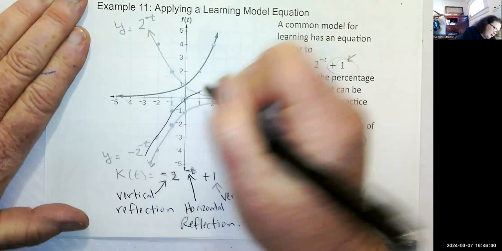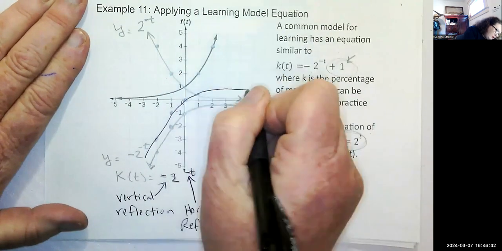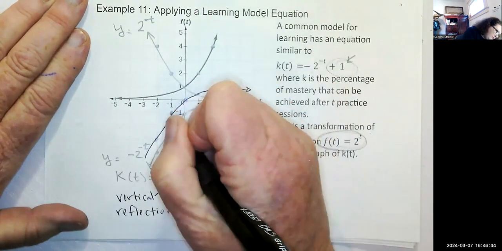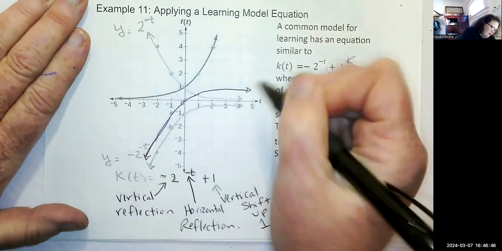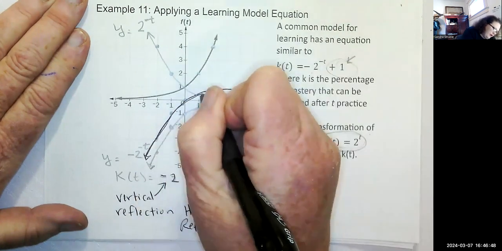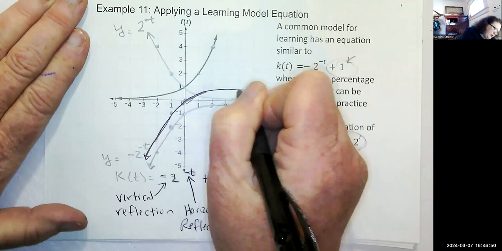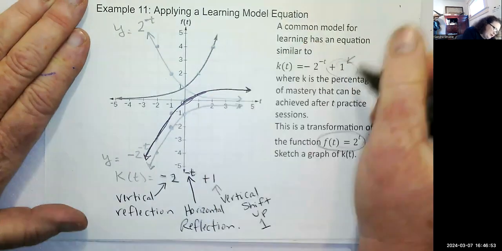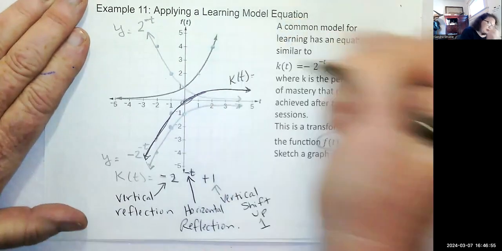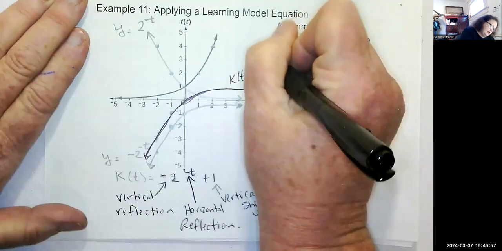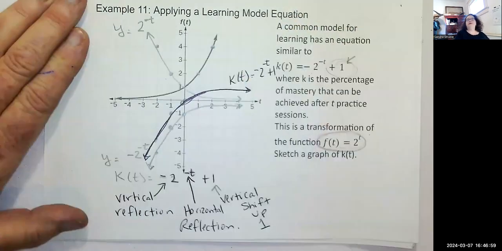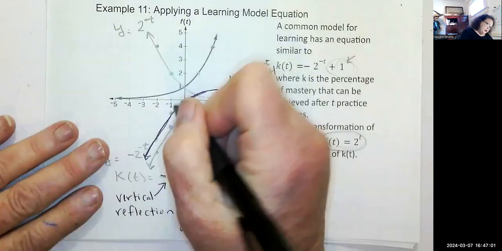There we go. All right. This is the final transformation. And this one's representing K of t. Remember, name your baby. -2 to the negative t plus 1. All right. Let me know what questions you have regarding that.